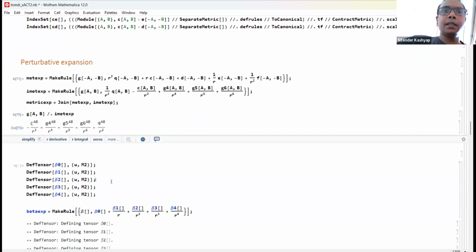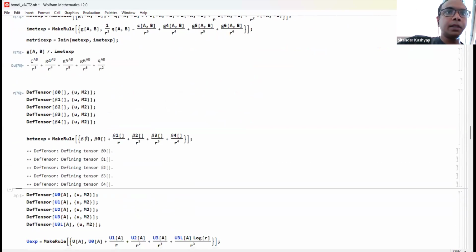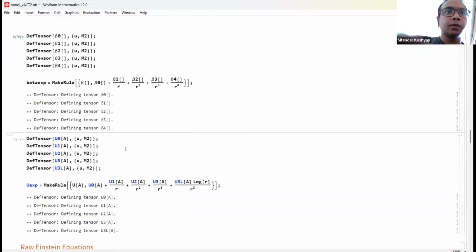Now the idea is to expand all the fields. So we expanded the metric. Now let's expand the beta. Beta is expanded as beta naught, beta 1, etc. Similarly for U: U is essentially U naught, U1, U2, U3, and there are some log pieces which we will find go to 0.